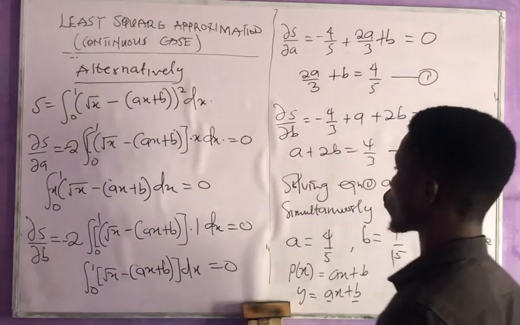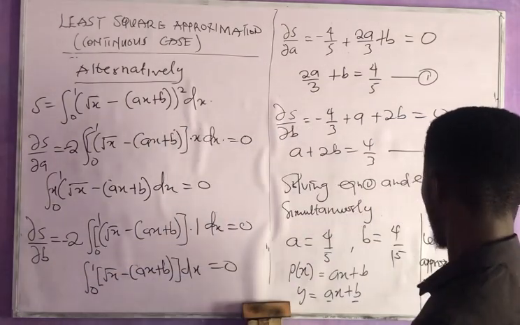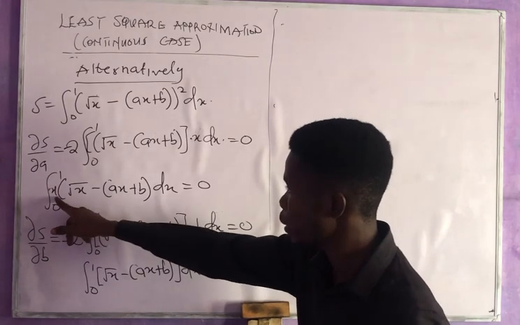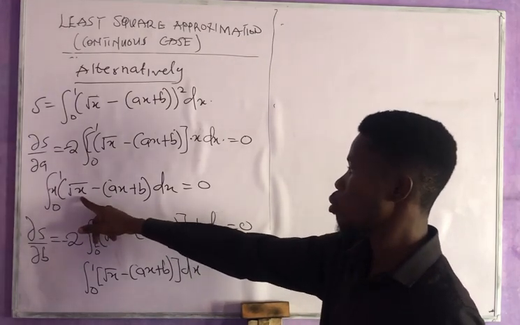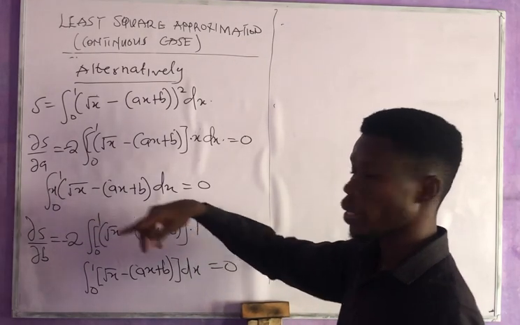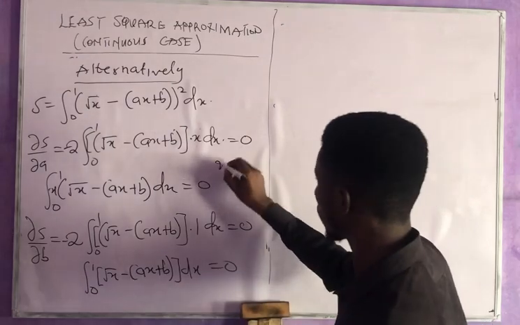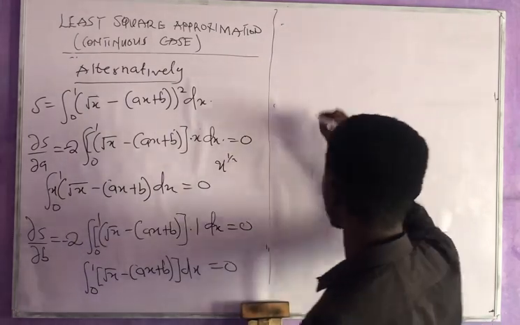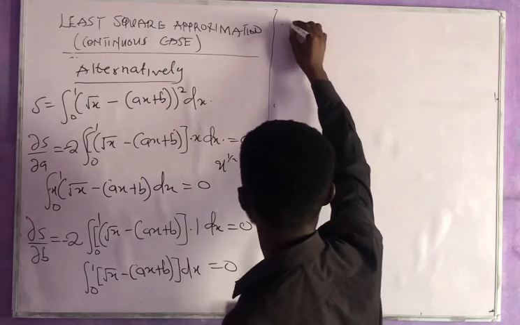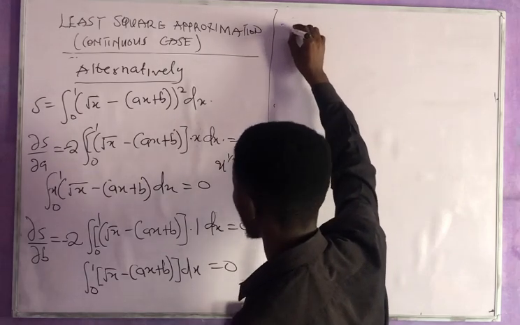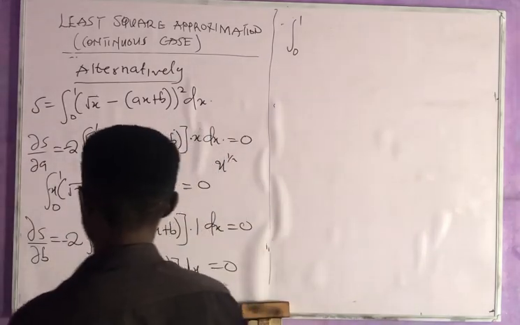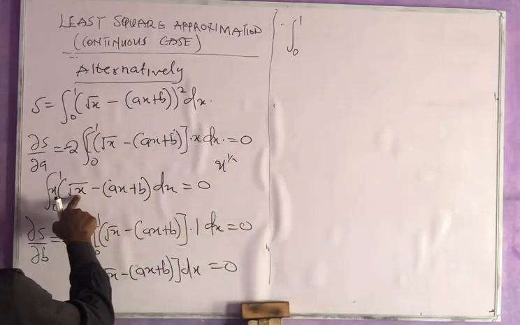So the first one, there's x here. And know that square root of x can be written as x to the power half. So I'm going to multiply through by x. So I have the integral from 0 to 1 of x times x to the power half.